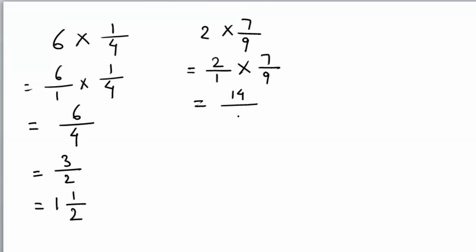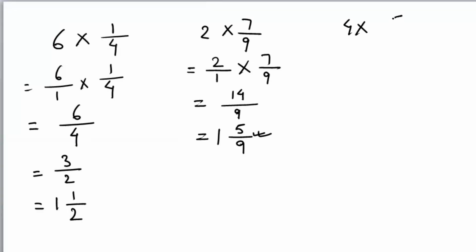It will be 9. Now this is an improper fraction, and we have to change it into a mixed number. It will be 1 and 5 over 9. Okay, so this is our answer.